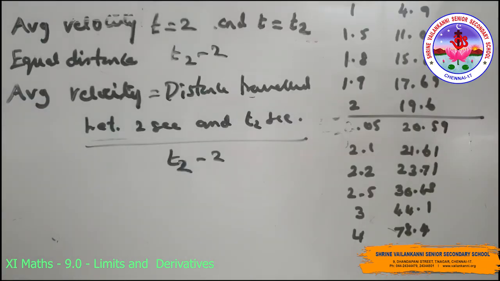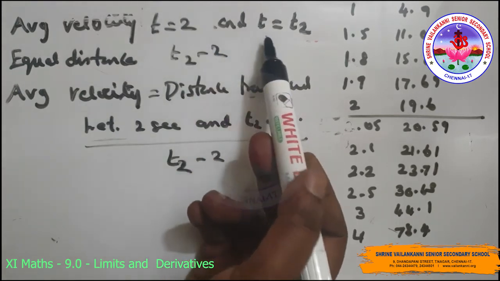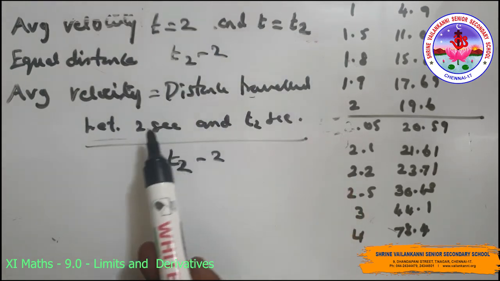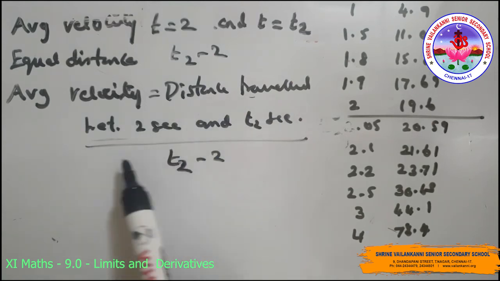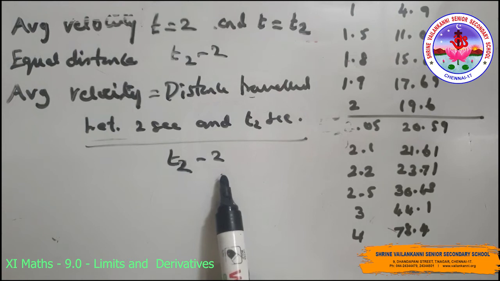Now compute the average velocities for various time intervals starting at t equal to 2 seconds. As before, the average velocity between t equal to 2 seconds and t equal to t2 seconds is given by the distance traveled between 2 seconds and t2 seconds, divided by t2 minus 2.